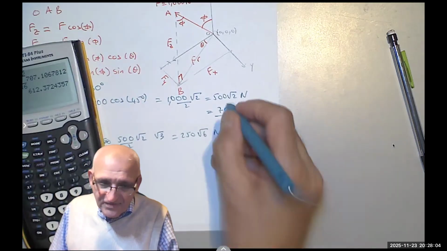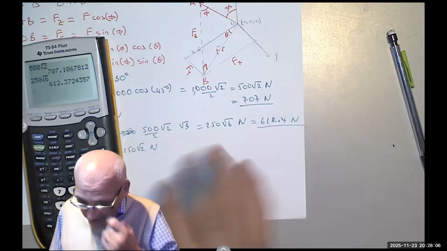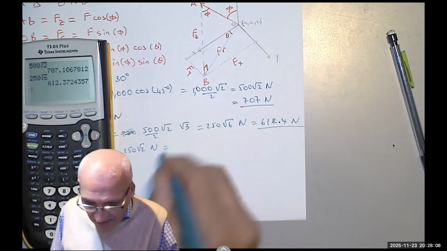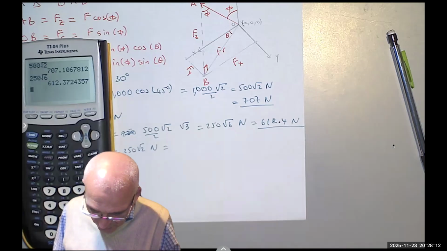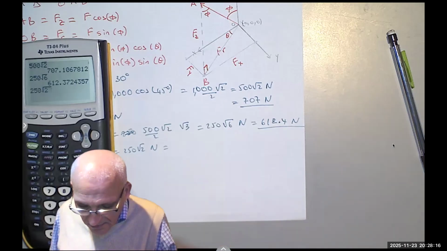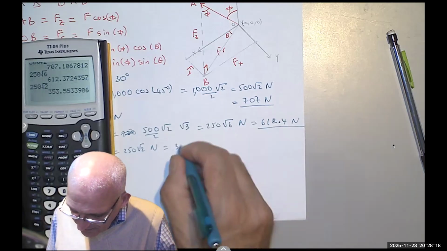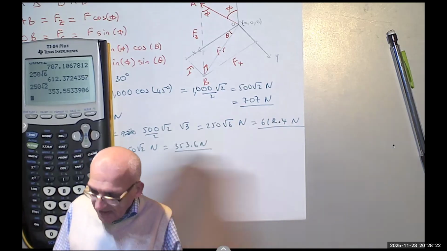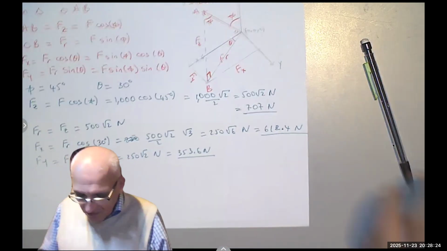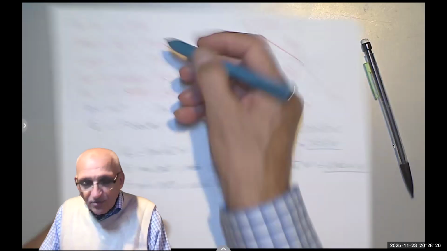And this would be half of that. So 353.5 roughly. Okay. 250 root 2, 353.6 Newton.